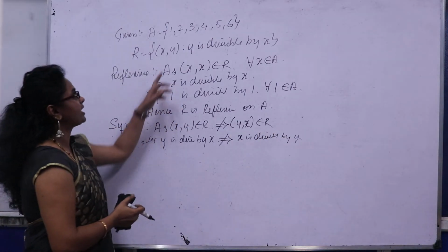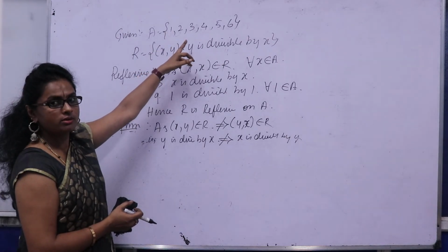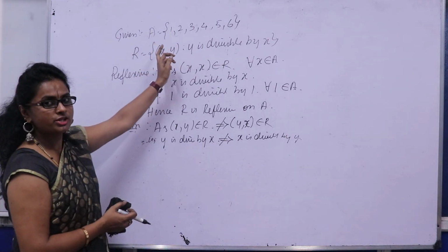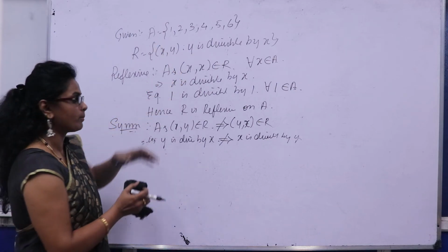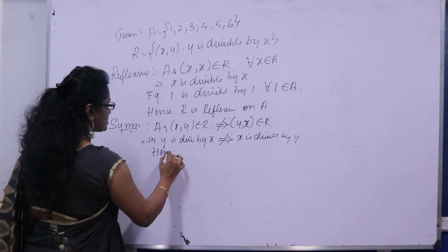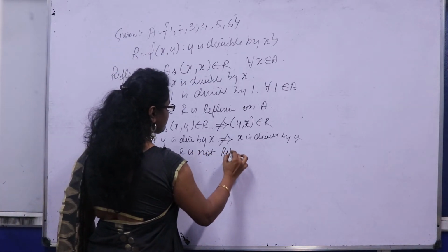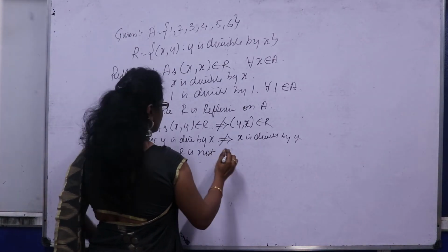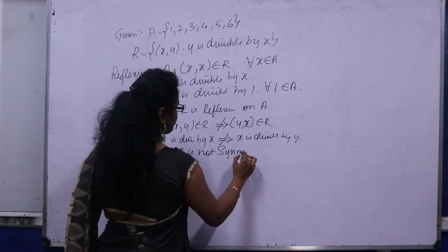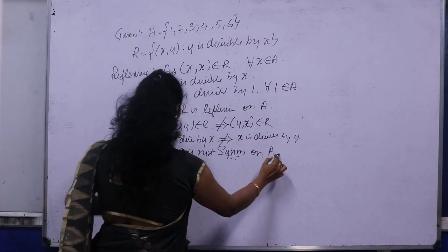You can just take an example from this. 2 comma 4, 4 is divisible by 2, but 2 is not divisible by 4. Hence R is not symmetric. R is not symmetric on the set A.